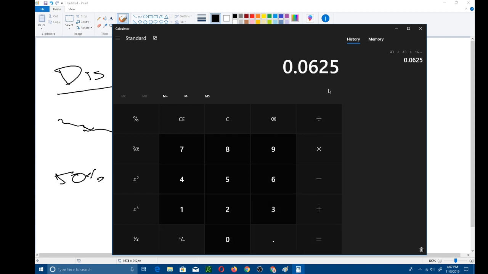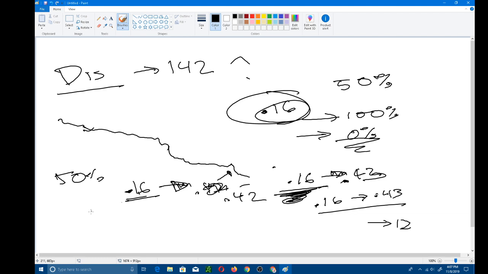I can do basic math. I did this wrong. 42. There she is. Okay, so 2.62, so 262%. That's roughly what you're going to get back.